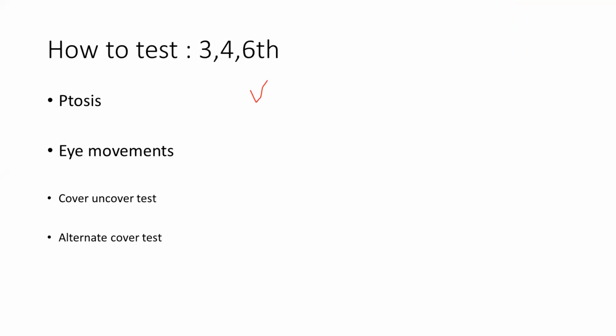Cover test, this is a test for latent squint, where the squint is not evident on neutral gaze. Here we have to ask the child to look with both eyes at my right eye, and then cover his left eye. Then uncover his left eye rapidly and cover the right eye.